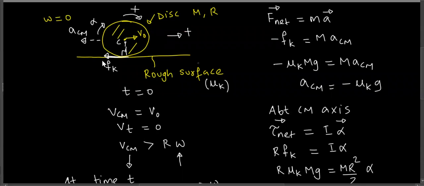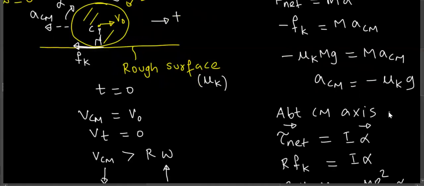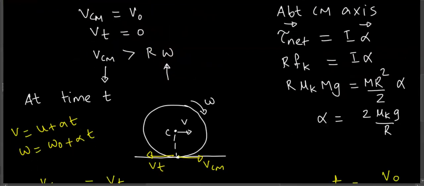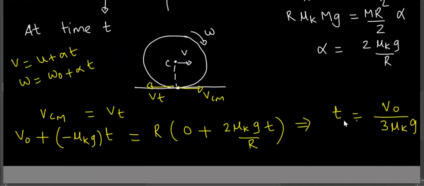So the surface will end up providing linear acceleration in the opposite direction, which would bring down the center of mass velocity, but it will provide angular acceleration, which will help the disk gain angular velocity. Slowly, it will attain pure rolling. Now, if they ask you a question, in what time is the pure rolling attained? You can use V naught by 3 mu kg, whatever we have done to get that.